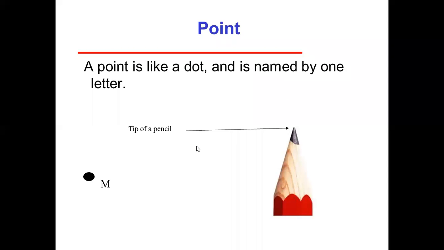Similarly, another example: the tip of a pencil is a point. So the tip of a pencil is an example of the point. Here we are representing this dot with the help of the letter M, and this is called the point.